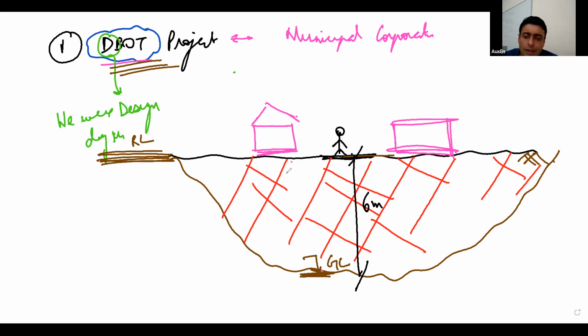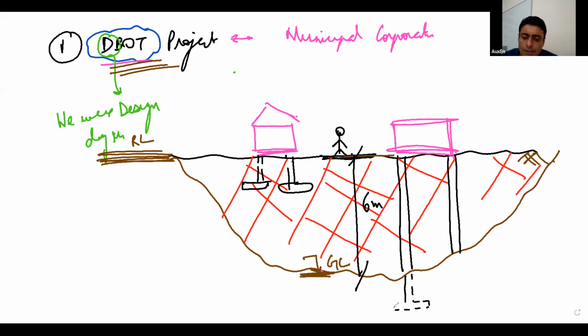Are you getting this point? So instead of a normal situation where they would have put their footings somewhere over here, they had to take 6 meters column, and then from below ground level, they had to go for their foundations. Are you getting this point?